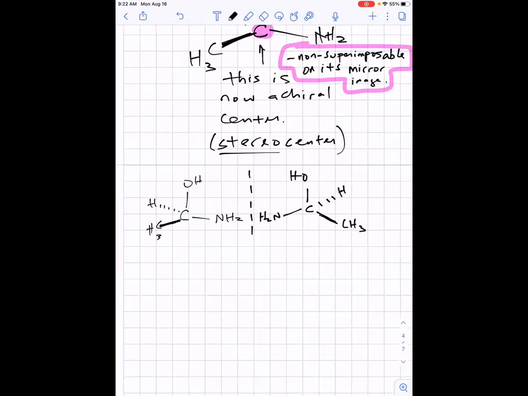I'm going to explain what superimposable means, and then we're going to look at a couple of other types of stereoisomers, and then we're going to jump on that handout. So these two are what we call enantiomers.